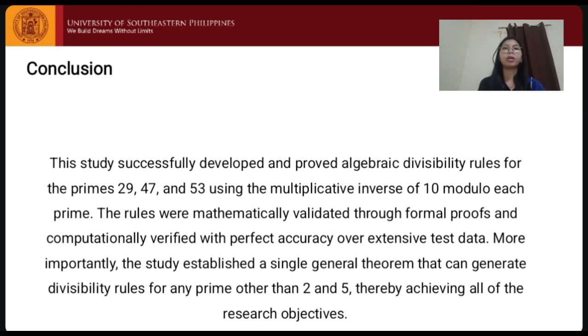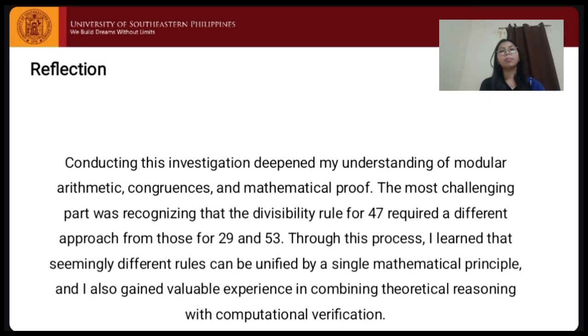So for our reflection, conducting this mathematics investigation is more than just deriving divisibility rules. It also strengthened our understanding of modular arithmetic, congruences, and mathematical proof.